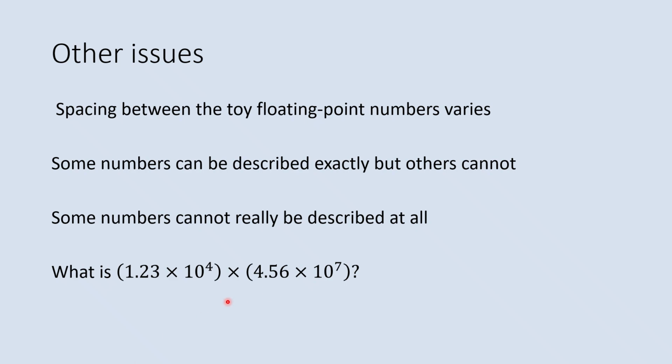So just as an example, what if we had something like 1.23 times 10 to the 4th, and we multiplied that by 4.56 times 10 to the 7th? Both of these numbers are perfectly valid in our representation, but when we multiply them together, the portion with the times 10 to the power needs to be an 11, and we're only allowed to go up to 9, so this number is too big for us to represent.